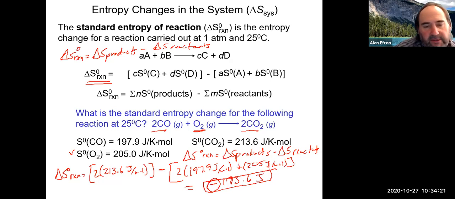Now, something that you can often do in thermodynamics type problems, and sometimes you're asked to do this, is look at the reaction and make a pretty good guess as to what you expect your answer to be.